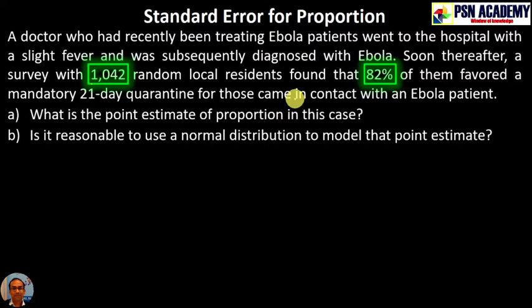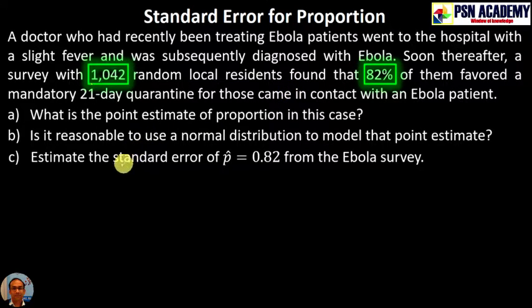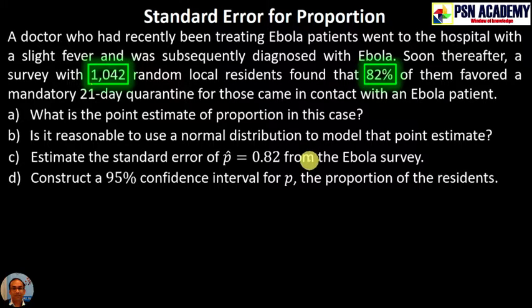So, we are trying to find out whether this sampling distribution is aligned with a normal distribution or not. Question number 3, estimate the standard error of this proportion 0.82 from the Ebola survey. And the last question is, construct a 95% confidence interval for this proportion p of these residents.